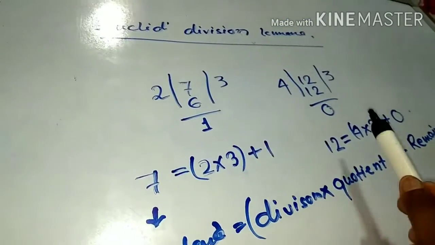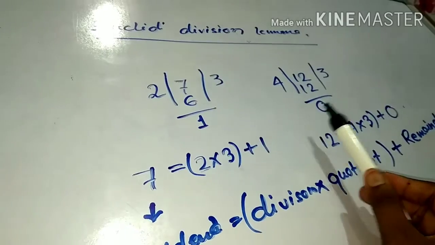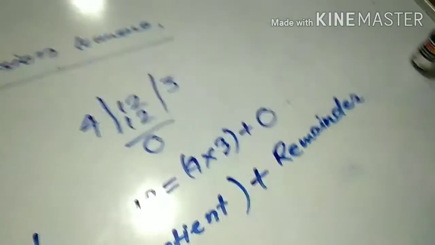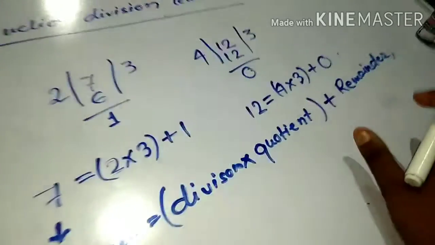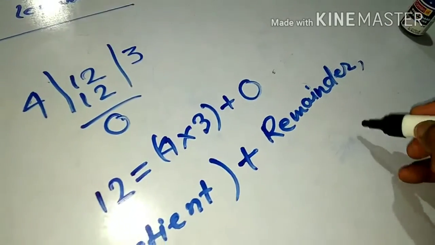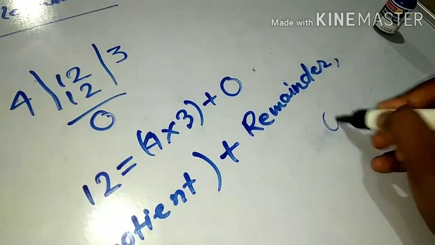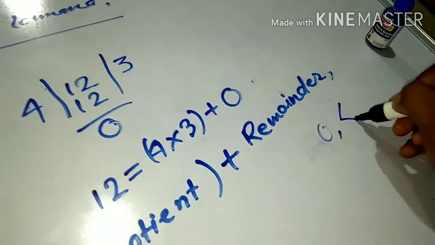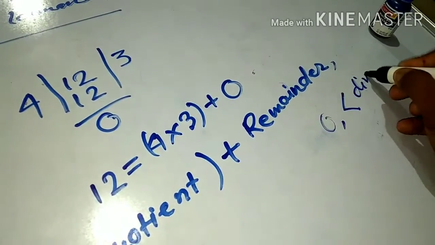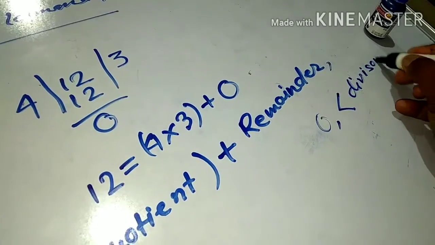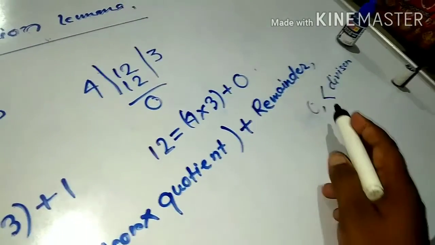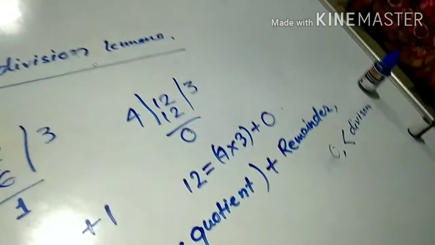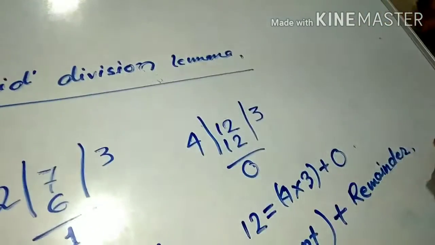And sometimes the remainder may be 0. So the remainder may be 0 or less than the divisor. Right.